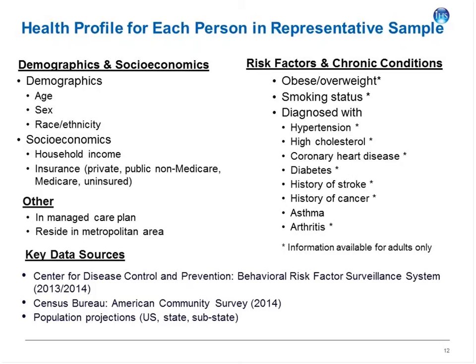For each person, we have whether they are normal weight, overweight, or obese, whether they are a current smoker or not, and whether they have been diagnosed with hypertension, cholesterol, heart disease, diabetes, history of stroke, cancer, asthma, arthritis. And there's one other one here, history of heart attack, which is also in there. And all this information is then used to predict each person's use of healthcare services and how it might change over time as that person ages.